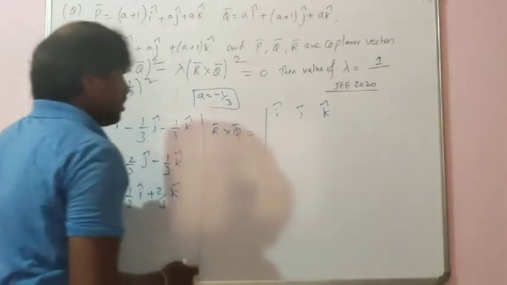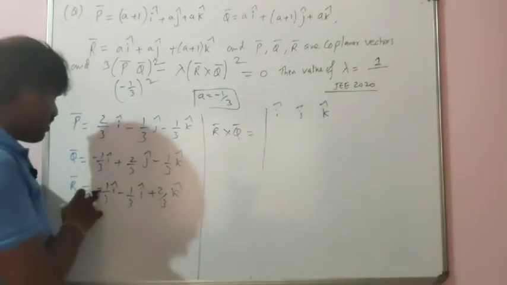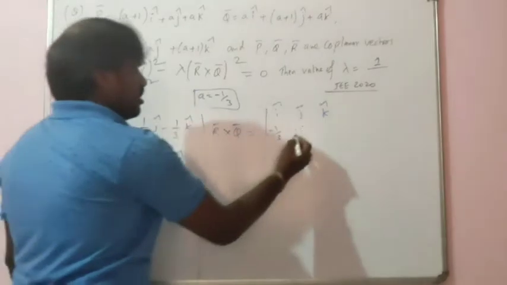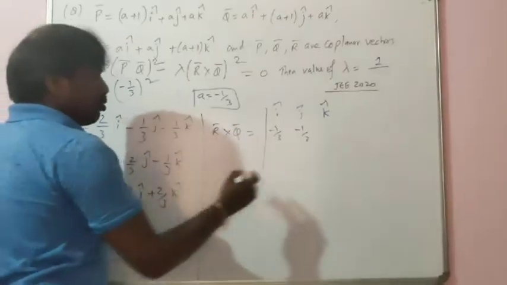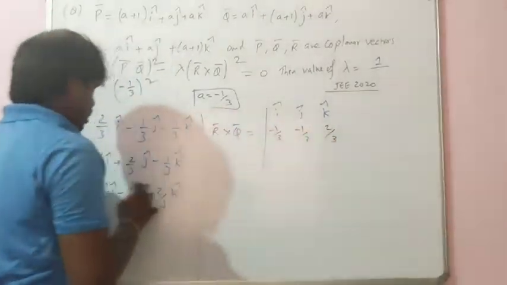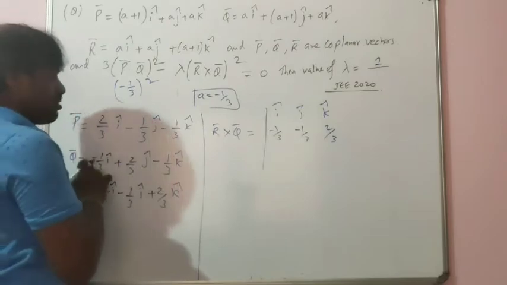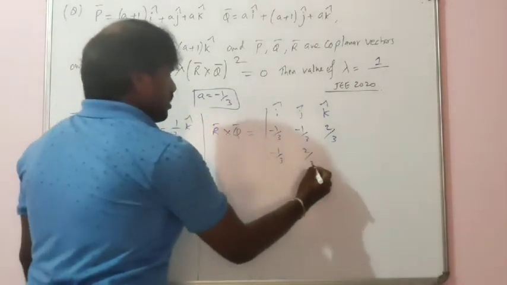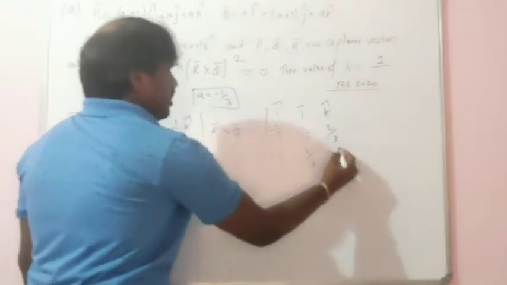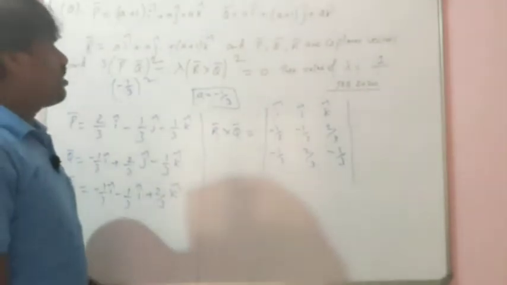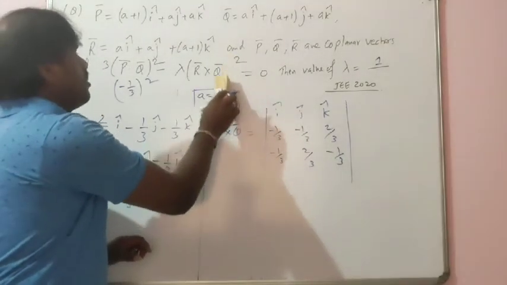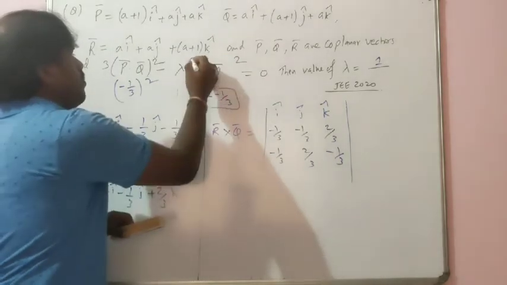The r row is minus 1 by 3, minus 1 by 3, 2 by 3, and the q row is minus 1 by 3, 2 by 3, minus 1 by 3. I have to find r cross q, then find its modulus square, that is mod r cross q whole square.